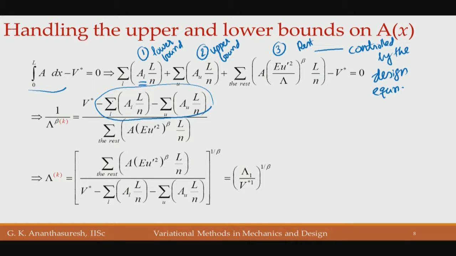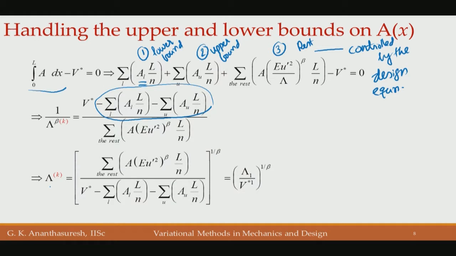We have to sum over a set where the area of cross sections have been pushed to lower limit, that is if it goes below lower limit AL we push it up, if it goes above upper limit we push it down to AU, okay. That is the difference, and rest of it is the same.